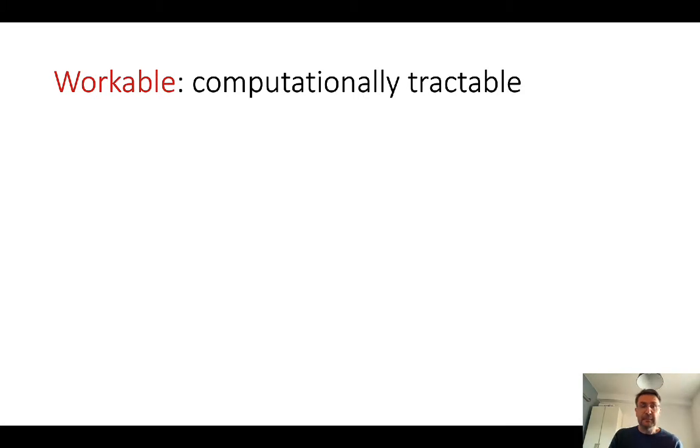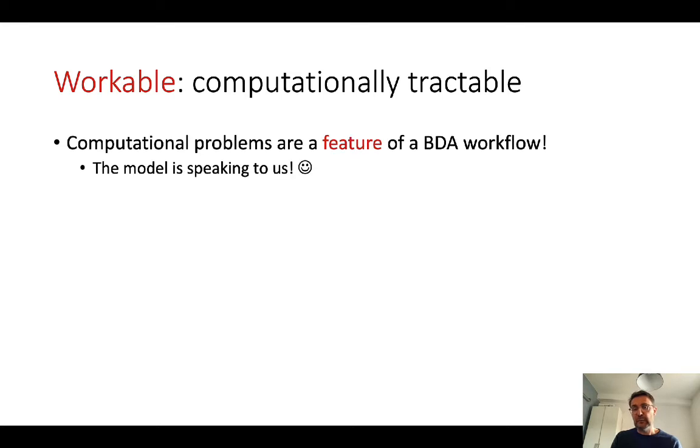Second step, when considering one model, is can we compute with it? So this is kind of a black art, so I will not give you much detail about that. But what I can say is that a lot of your time doing Bayesian data analysis will be spent in this step. And in some sense, it is a good thing that we have these computational tools with which we can investigate what happens as we do inference with our model.